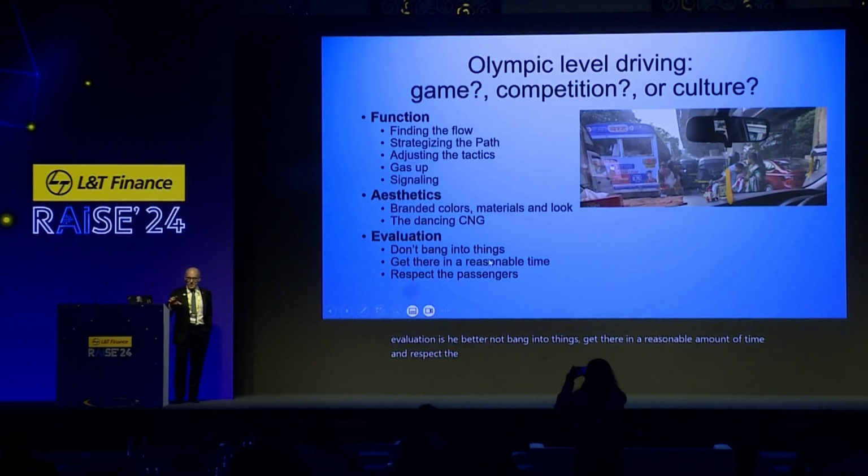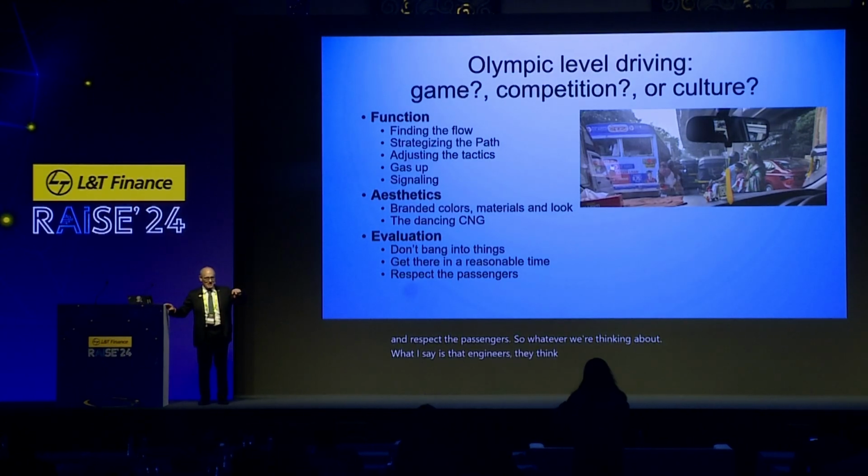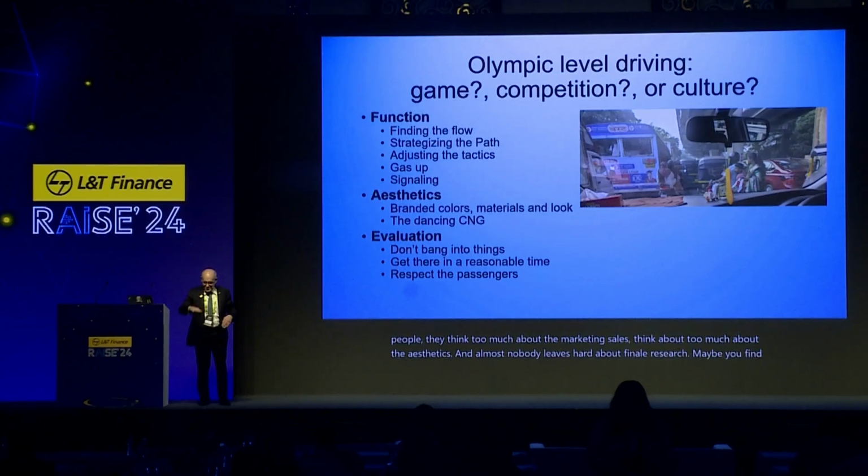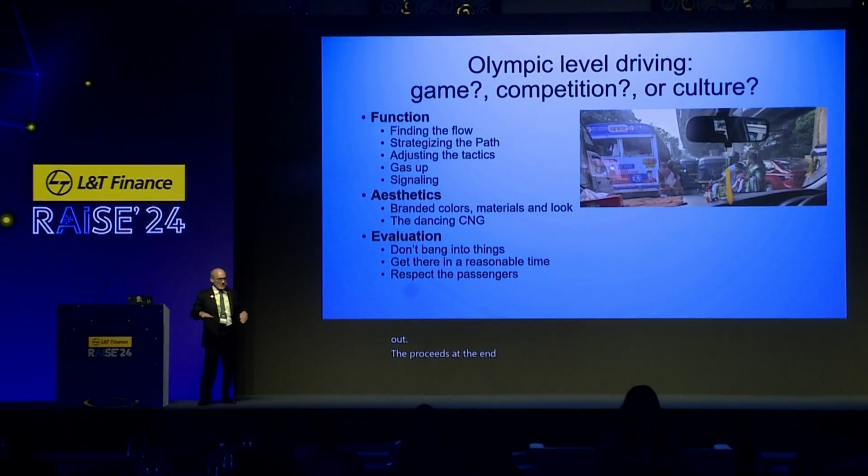So whatever we're thinking about, what I say is that engineers think too much about the function. The marketing people and sales think too much about the aesthetics, and almost nobody thinks hard about evaluation. Maybe you find out from the sheet at the end of the year whether your company succeeded, but I think you have to integrate all of these much, much more than people have been doing.